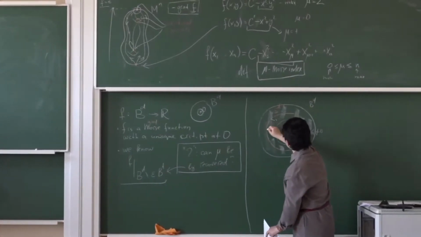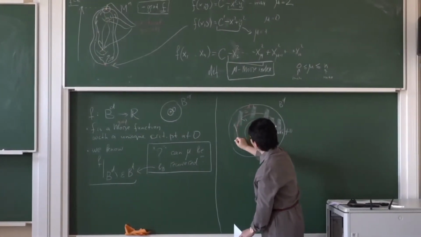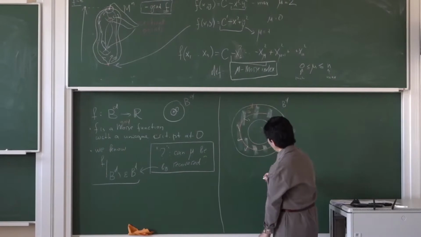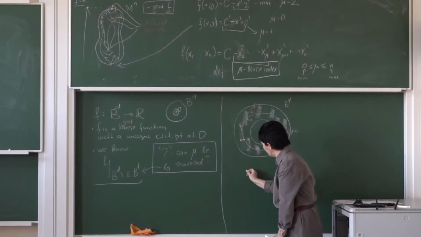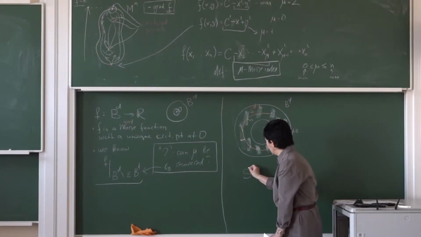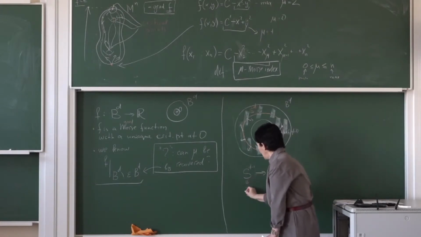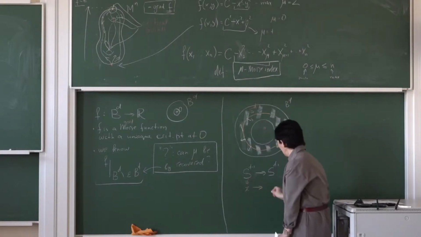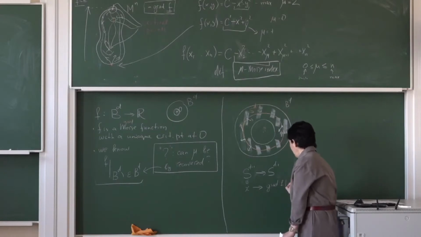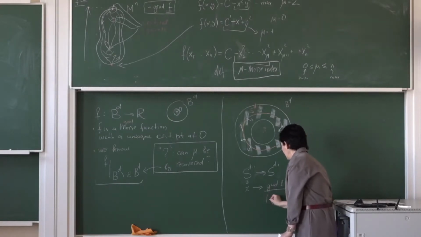So at each point, we have a well-defined non-zero vector field. Therefore, we have a mapping from S^(d-1) to S^(d-1), where a point x is mapped to the gradient of f at x divided by its modulus.